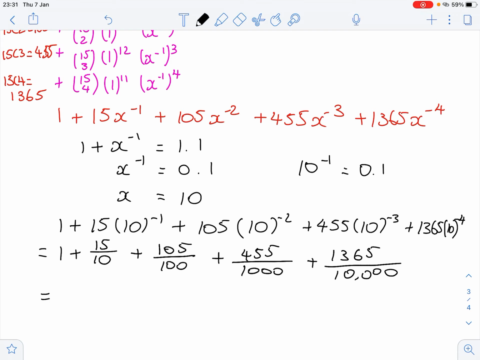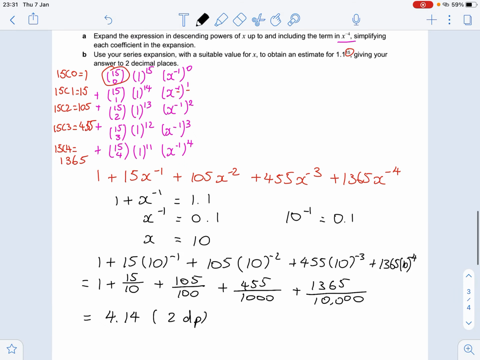If you type this into your calculator, you should get 4.14 to 2 dp, as the question wants you to do.